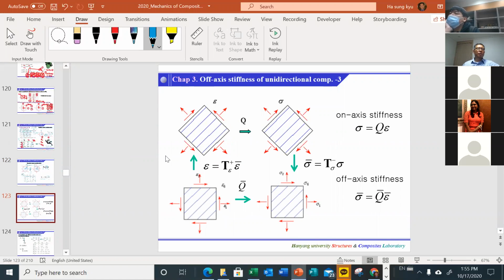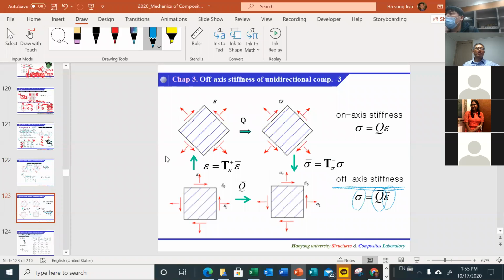Again, the purpose of this chapter section is to derive the off-axis stiffness. Okay, off-axis stiffness. And again, the definition of off-axis stiffness is the stiffness between the off-axis stress and off-axis strain. How can we derive this off-axis stiffness?